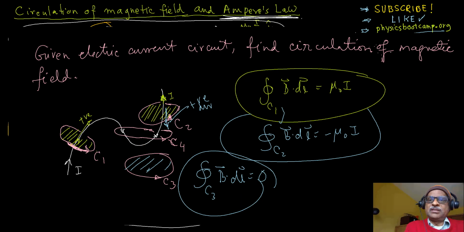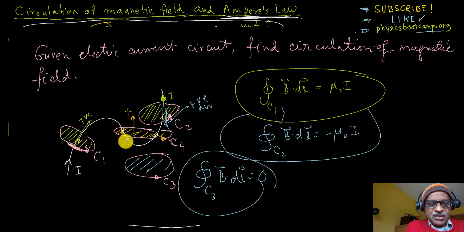C4 is a really interesting one, right? Let's look at current comes in and current goes out. Now with C4, that's the positive direction. So this one, the current is going in the negative direction.